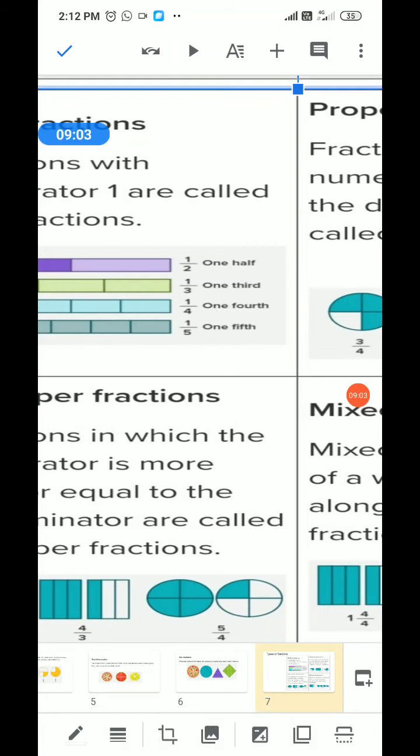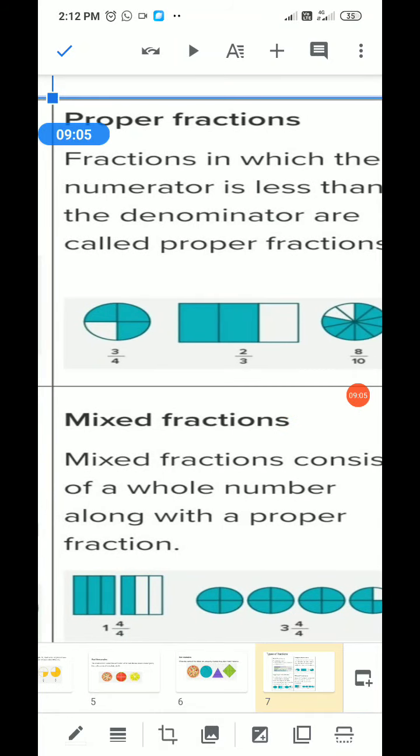Understood? Then the next one is mixed fraction. A mixed fraction consists of a whole number and a proper fraction. There will be a whole number and a proper fraction. You can see below. Now see an example. We have 2 squares.